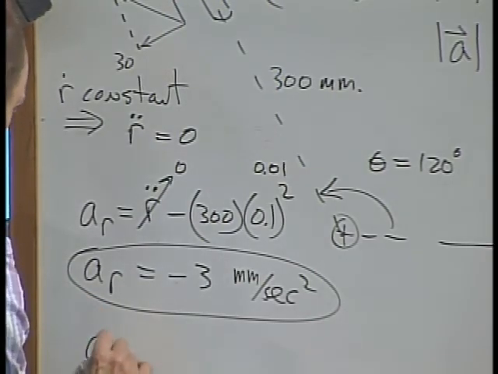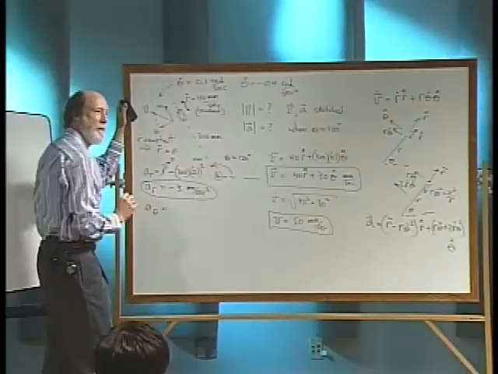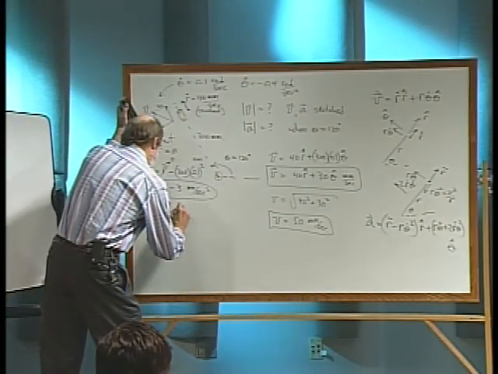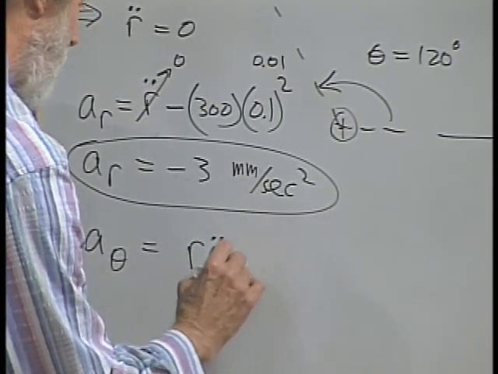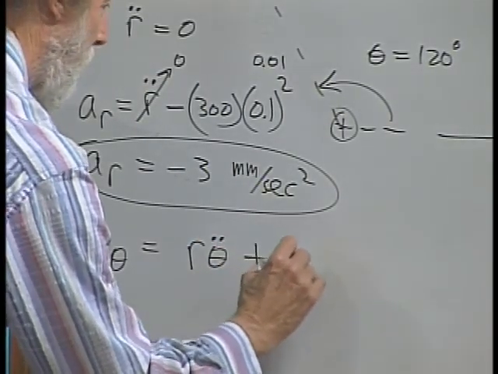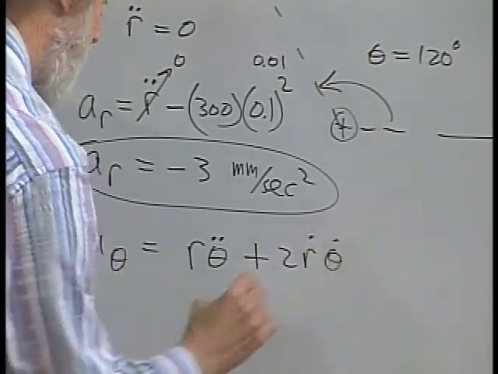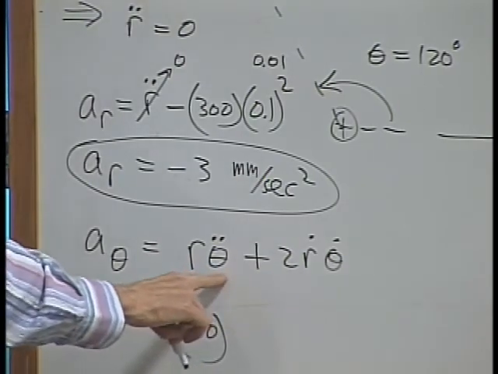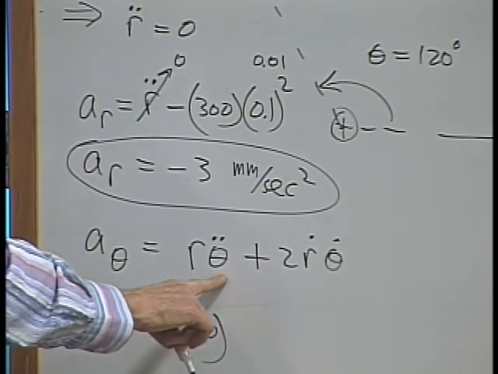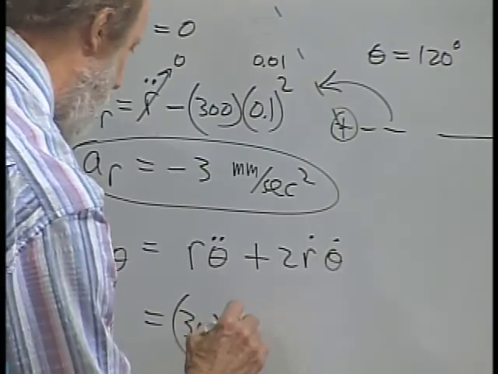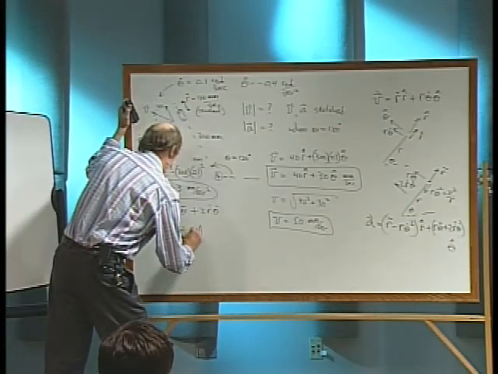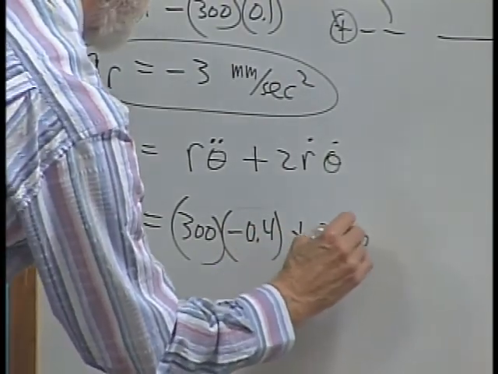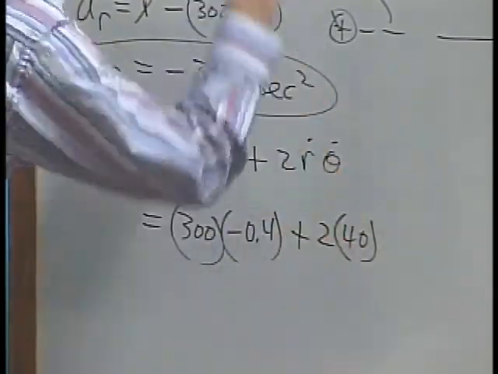The next part, the a_theta, just screws everything up. A_theta is defined as r theta double dot plus the Coriolis term. So we drop in the given information, and we have a deceleration on theta at -4/10, plus 2 r dot, which was 40, times theta dot, a 10th.